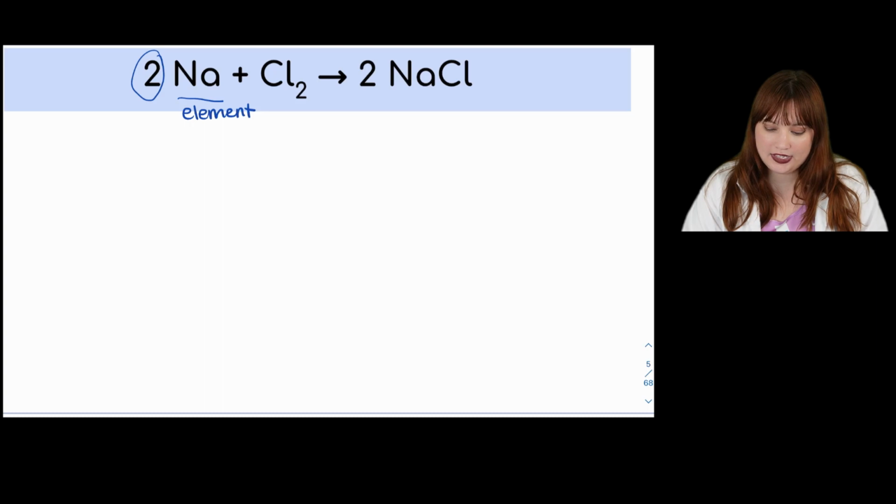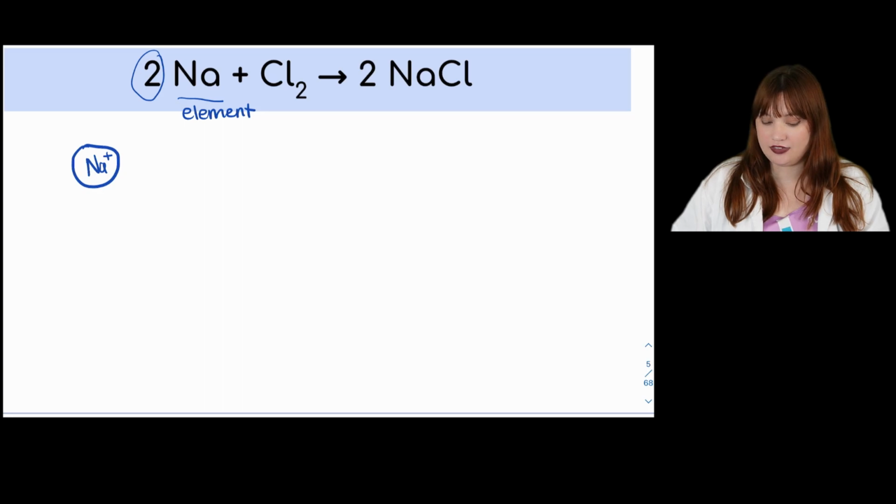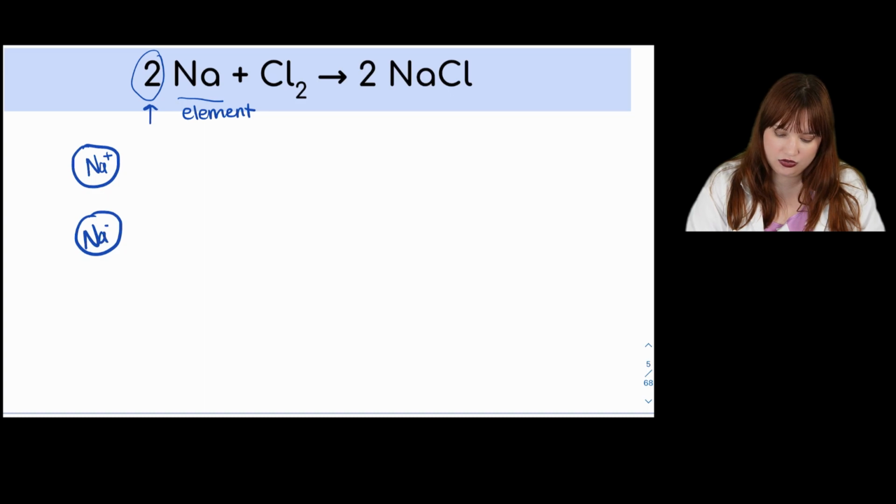Since it's all by itself, we can draw this as just a circle to represent that atom, sodium. I happen to know that sodium forms a positive ion when it's by itself. So we have 1 sodium atom, but this chemical equation is telling me that I should have 2 of those, 2 sodium ions.